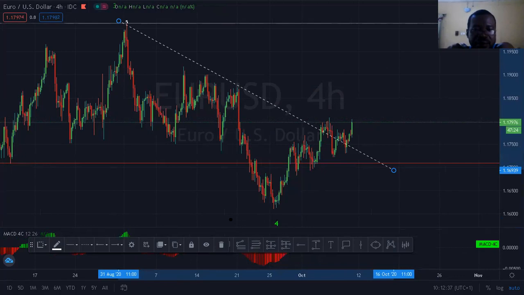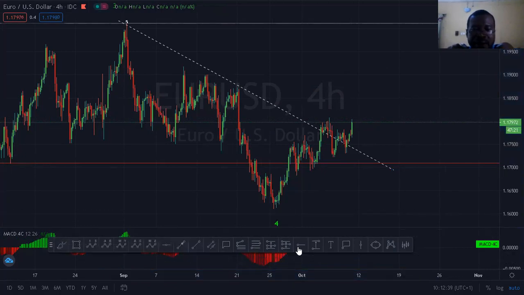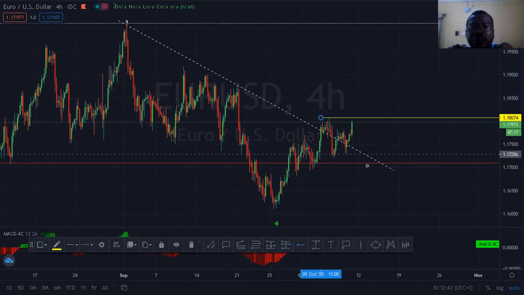Nevertheless, let's keep our eyes on this very top. If the market closes above here, I will consider buying.